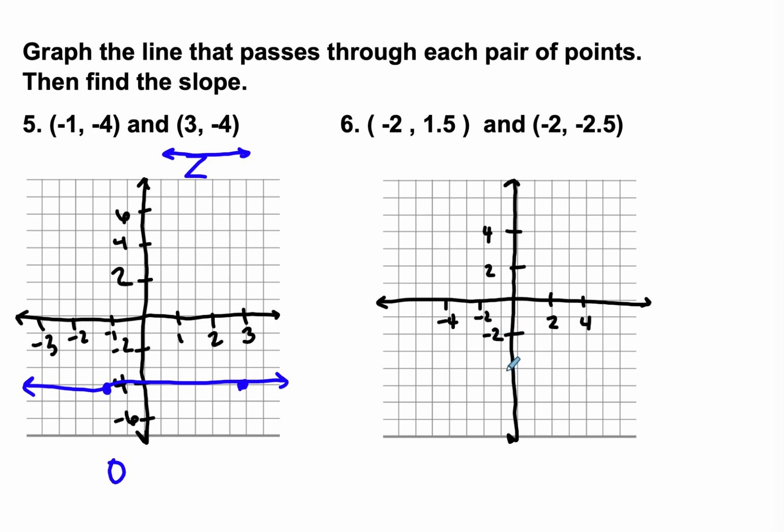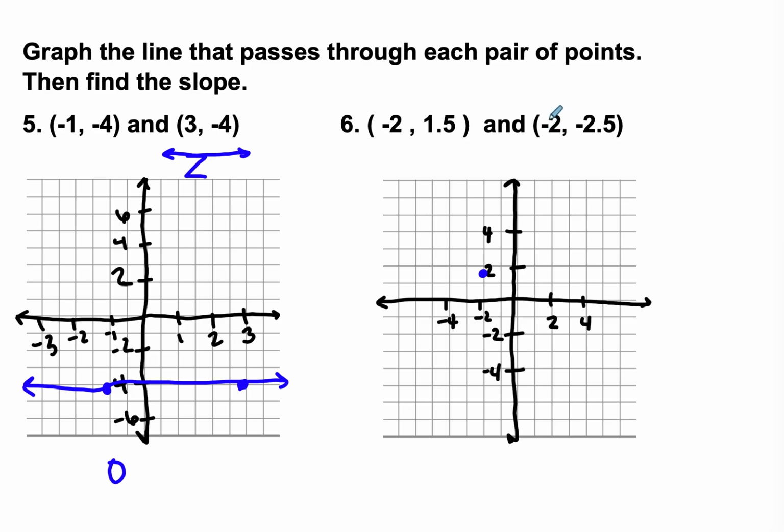Make sure your numbers are spaced equally. All right, now I'm ready for my ordered pairs. 2, -2, 1.5. So over to where -2 is. Up here would be 1, so 1.5 would be about here. Just plot decimals the best that you can.